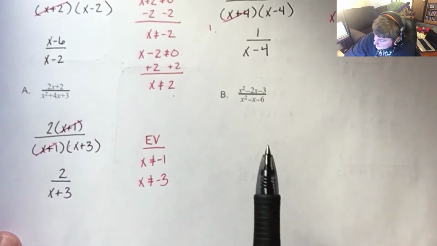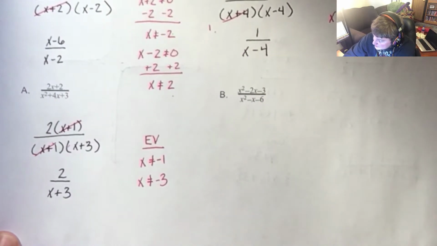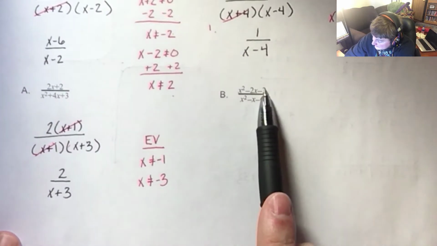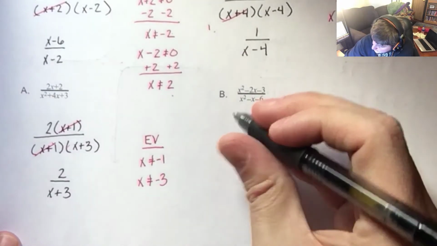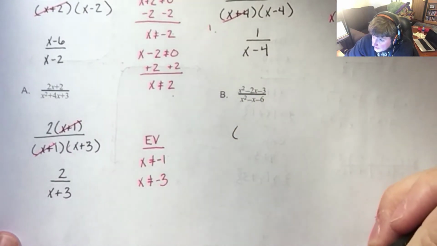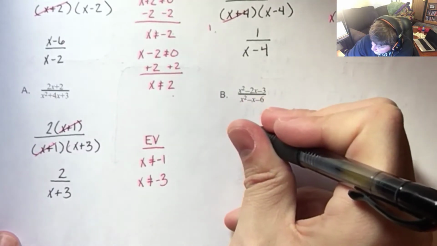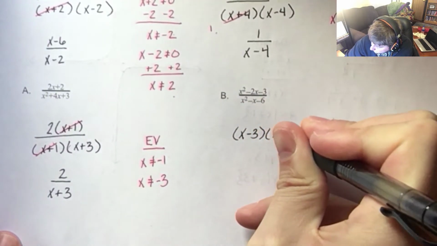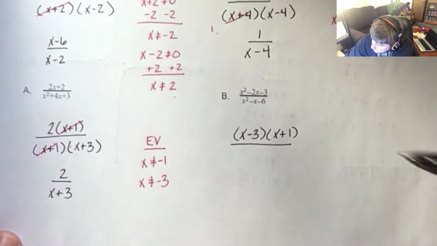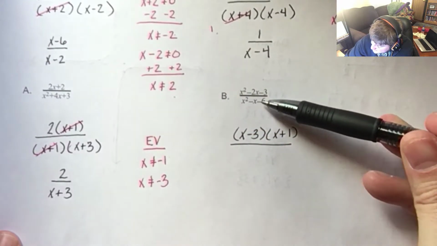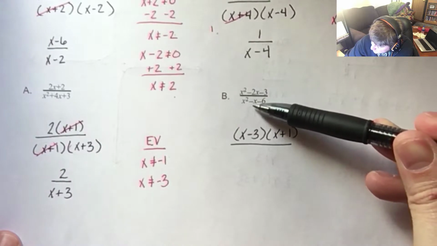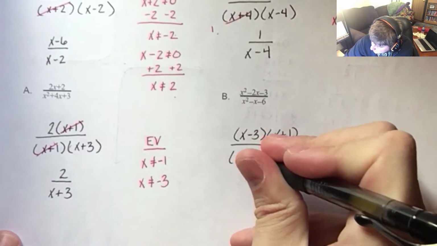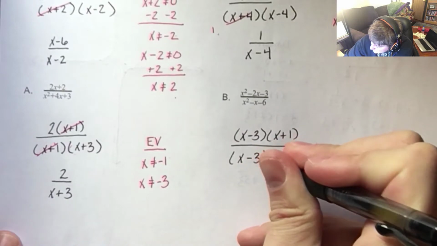Okay, B. Top one, I have 3 terms and my A value is 1, so I'm looking for numbers that multiply to negative 3 and add to negative 2. That's going to be negative 3 and positive 1. Okay, next one is going to multiply to negative 6 and add to negative 1. That's x minus 3 and x plus 2.